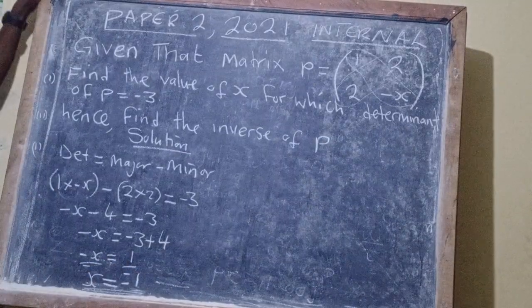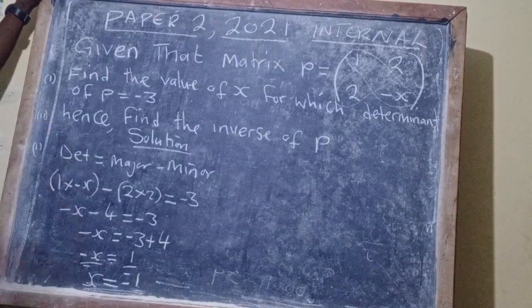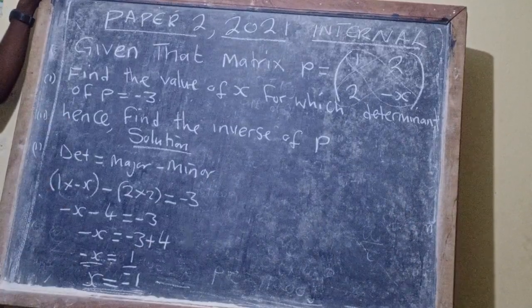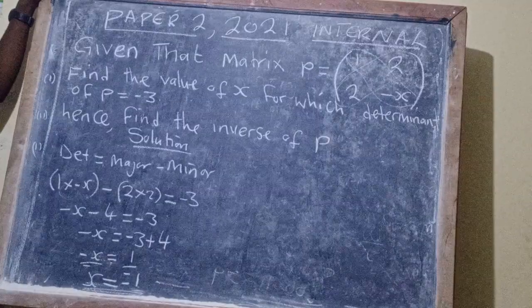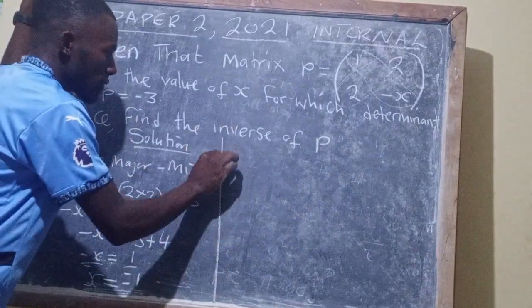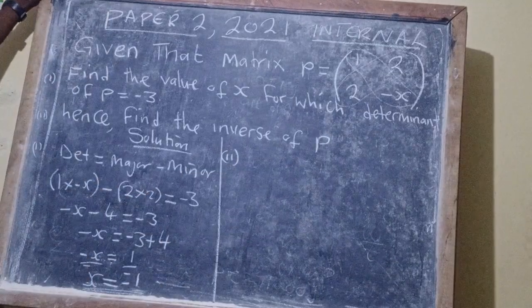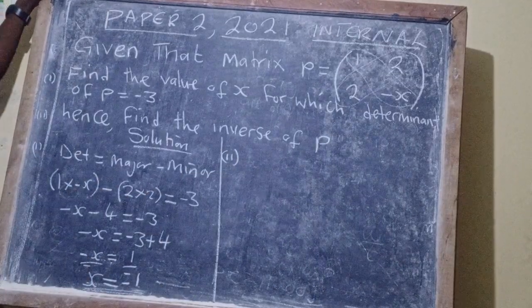So now, after finding the value of x, they are asking us to find the inverse of P. So we are going to have our second question here. Find the inverse of P. So how do we find the inverse?